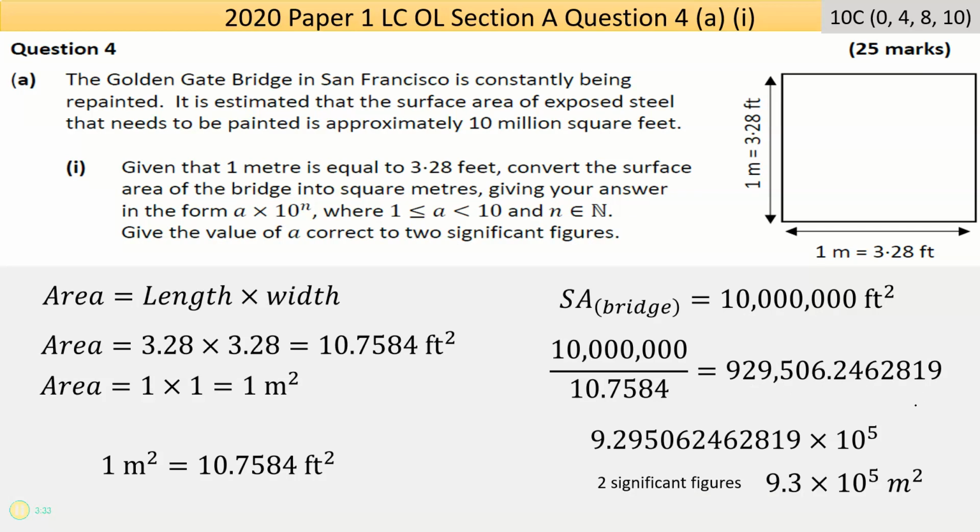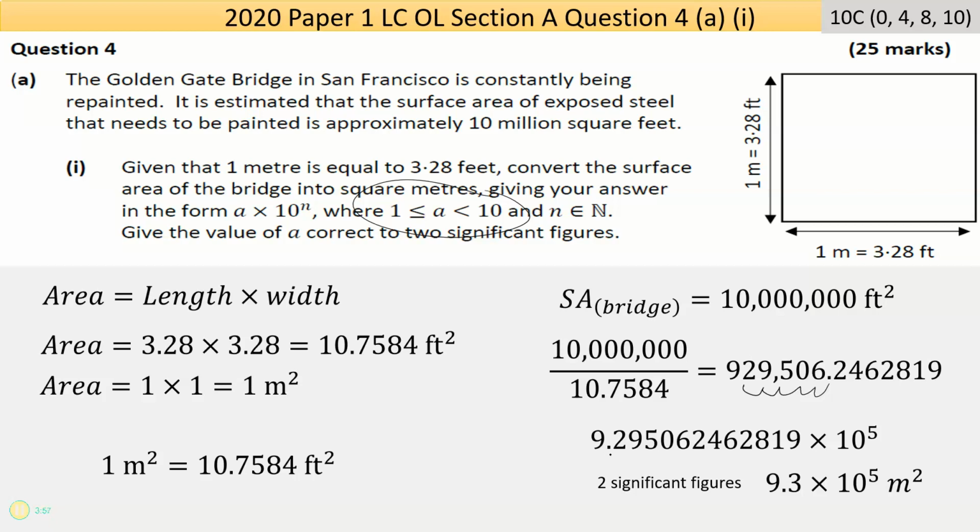929,506.2, whatever. Now it's saying to write that in scientific notation, but it wants the first number in the scientific notation to be between 1 and 10. That's literally what this is standing for. At the moment, my decimal place is here. So if I want this number to be between 1 and 10, I have to move this once, twice, 3 times, 4 times, 5 times.